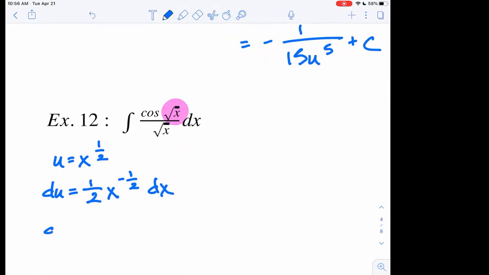And now I'm going to rewrite this part. This is one of the reasons that I said you have to know how to write this not just as a fraction, but with a radical. So this 1/2 is that 1/2, but then x to the negative 1/2 is really the square root of x, but on the bottom.